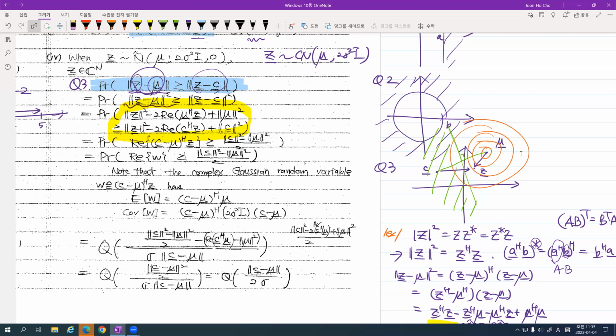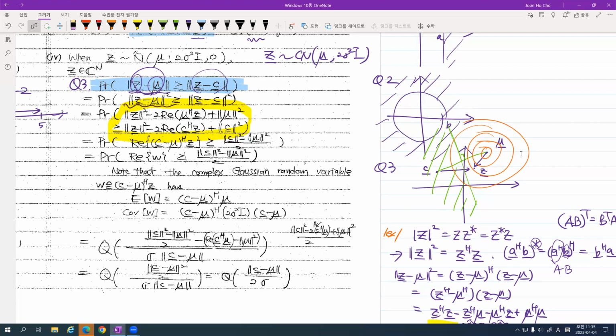I didn't prove it, but probably you remember that given a Gaussian random vector, any affine transformation is a Gaussian random vector. That includes the case where your matrix pre-multiplied to your Gaussian random vector can be a row vector. In that case, you have what? A scalar, right? Same thing happens.